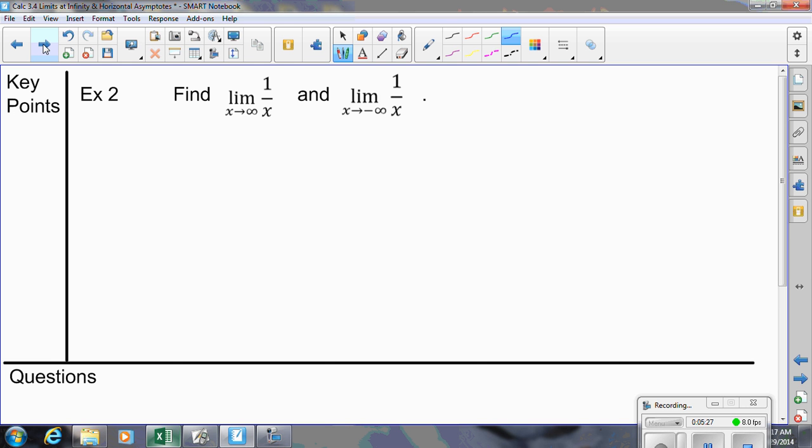Perhaps the easiest way of thinking about these is to start using some actual numbers. If we are taking x approaches infinity, that means our x values are getting bigger and bigger. So we could create a sequence like 1 over 10, 1 over 1,000, 1 over 1,000,000.